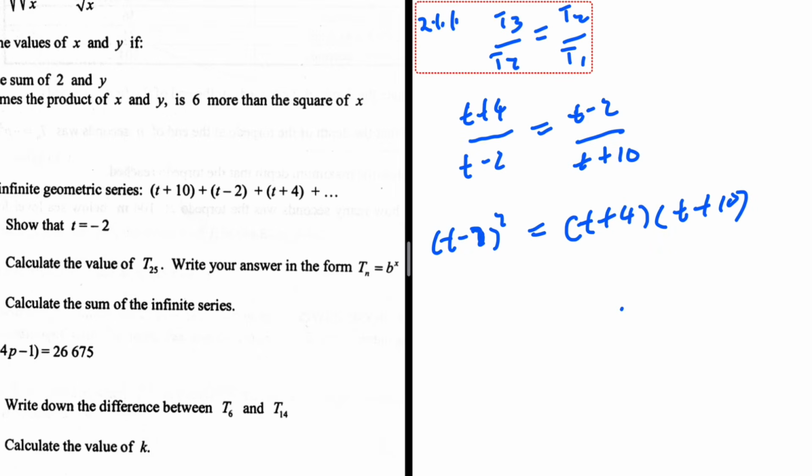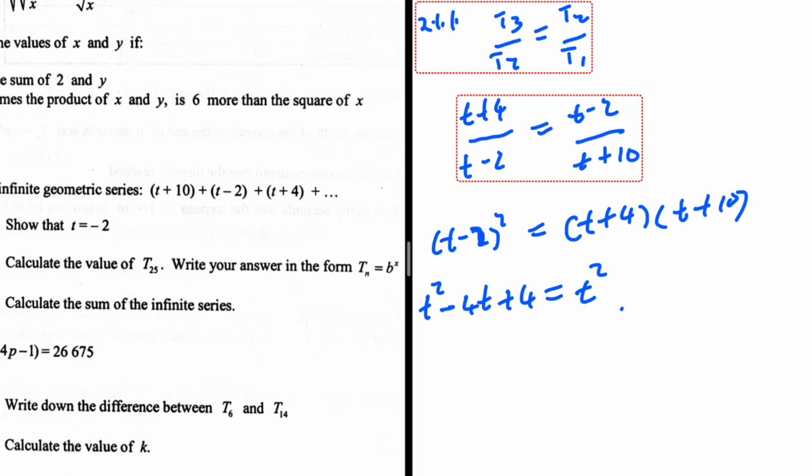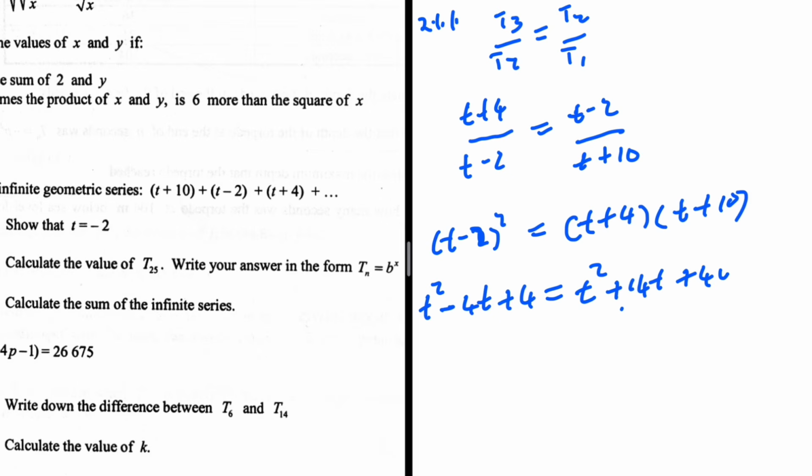So t minus 2 squared will be t squared minus 4t plus 4, being equal to t squared, and then plus 10t plus 4t, that is plus 14t, and then 4 multiplied by 10, that is plus 40.